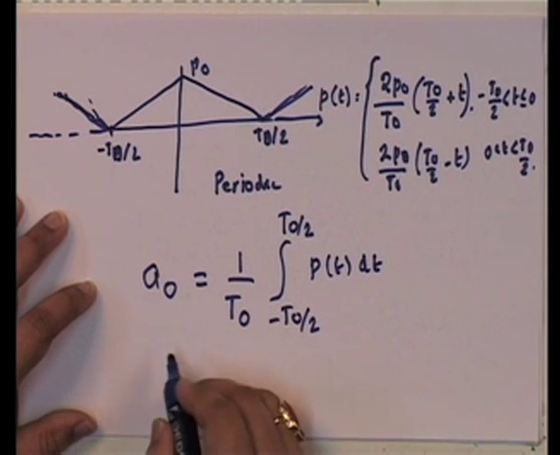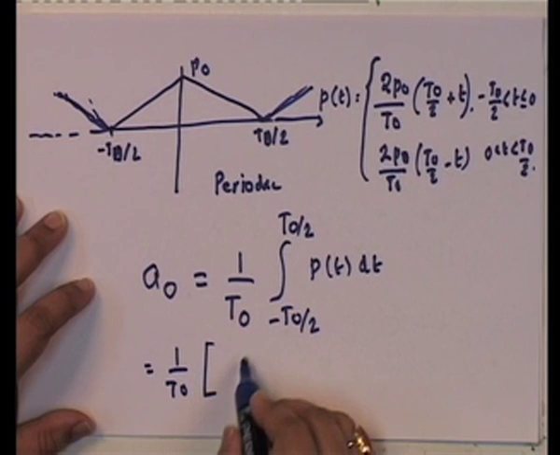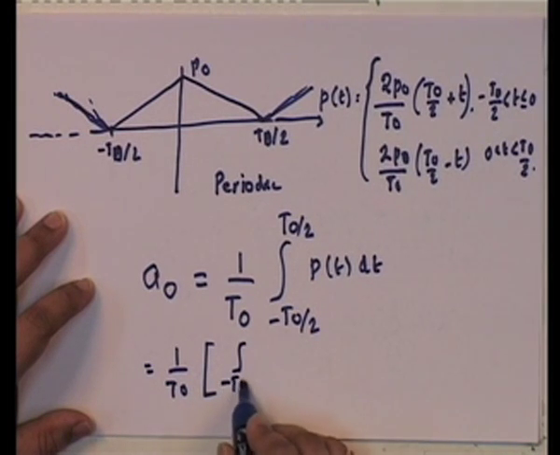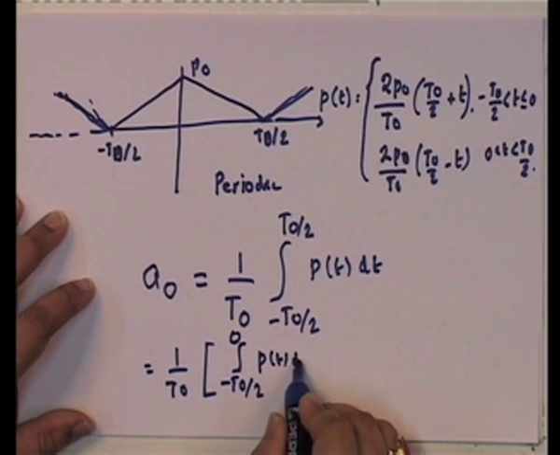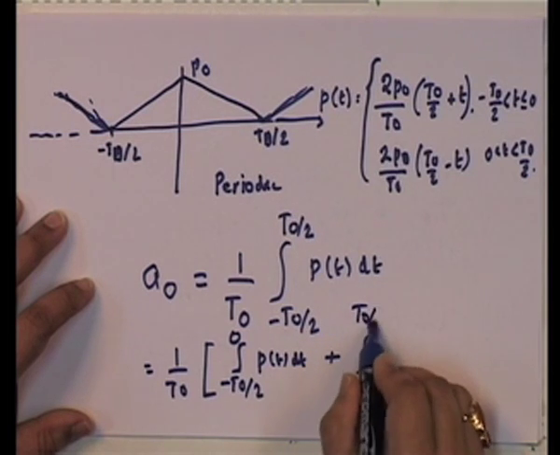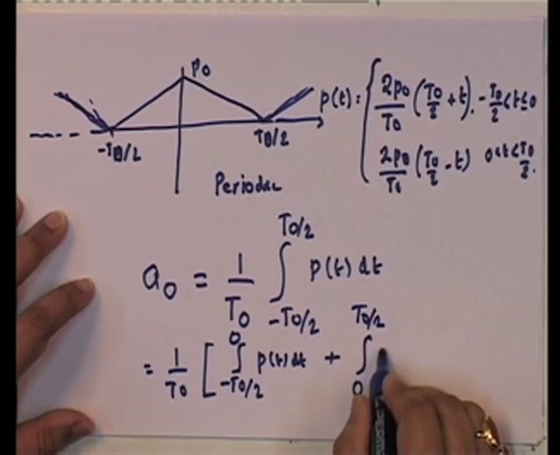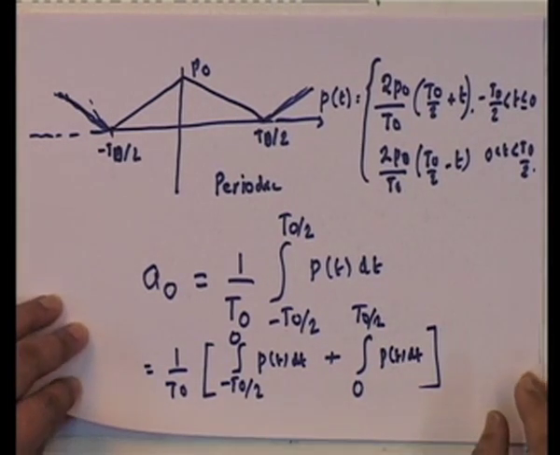I can take 1 upon T naught outside, this integral going from minus T naught to 0, P t dt plus 0 to T naught, because there are two different functions, P t dt. Okay. And just do the integrals for those functions.